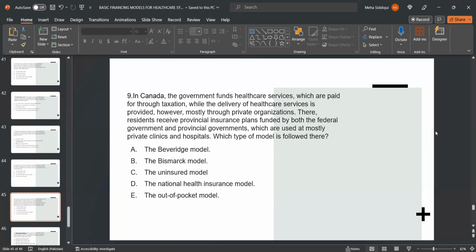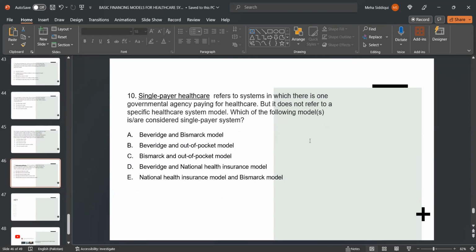D. Yes, D is the right option, national health insurance model, because here we can see that the working model is the mixture of the Beveridge model, as healthcare services are paid through the taxation of the public, and the delivery of healthcare services provided through private organizations, which is the characteristic feature of the Bismarck model. So the mixture of these two models is the national health insurance model.